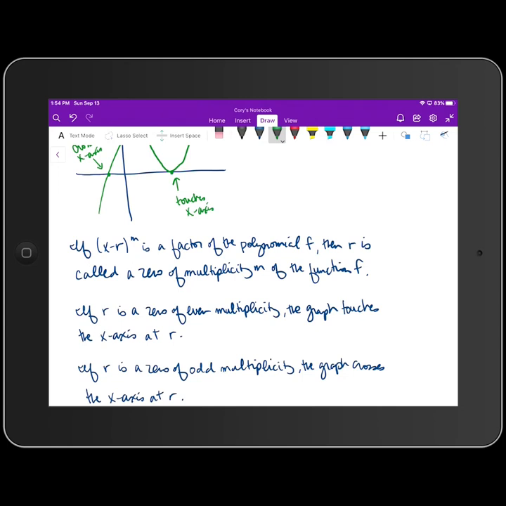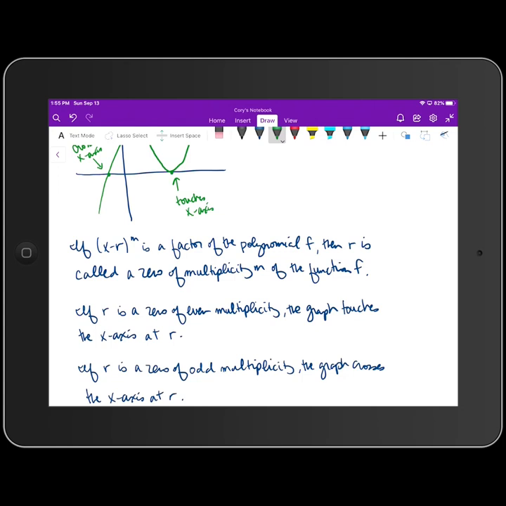Okay, so like we said before, if x minus r is a factor, then r has to be a zero or a root or an x-intercept. The exponent of that factor tells us the multiplicity of that zero. Okay, so if r is a zero of even multiplicity, so if the exponent for your factor is an even number, that tells you that the graph touches the x-axis at x is equal to r.